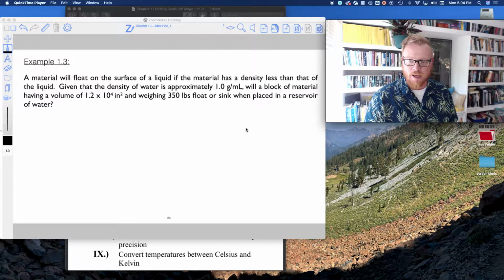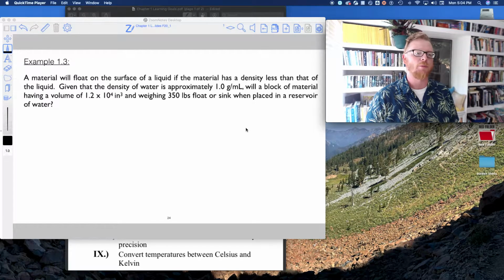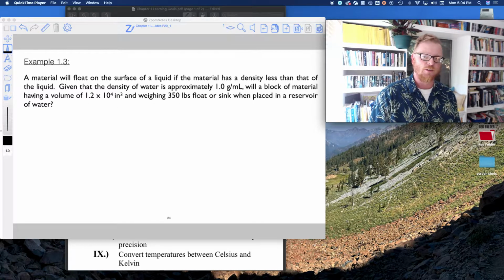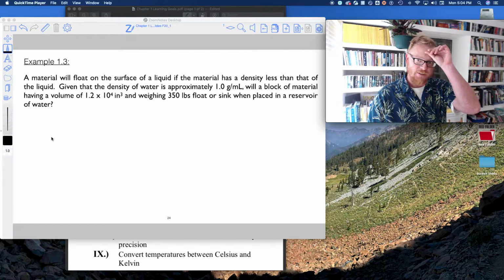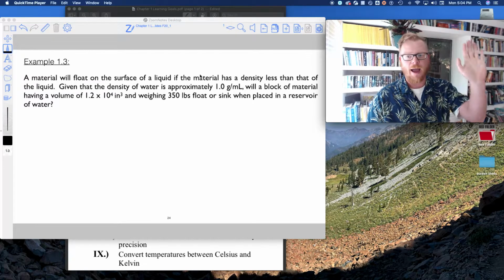Let's read it, and I'll describe my thought process as I go through this large problem. A material will float on the surface of a liquid if the material has a density less than that of the liquid. Okay, so back up and ask yourself, did you understand that sentence? Yes, okay. It's okay to back up and reread things if you have to.